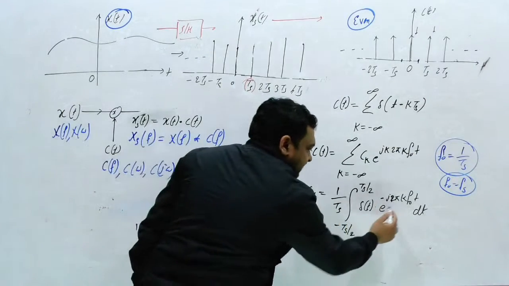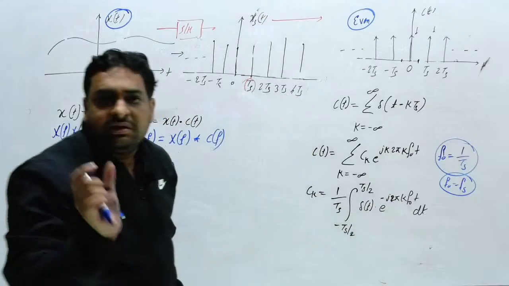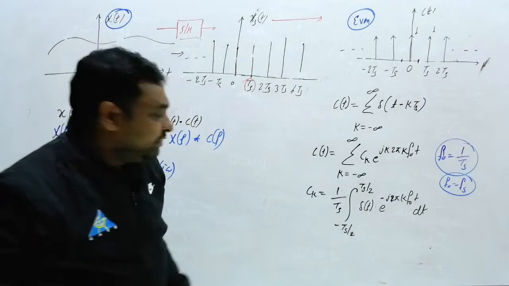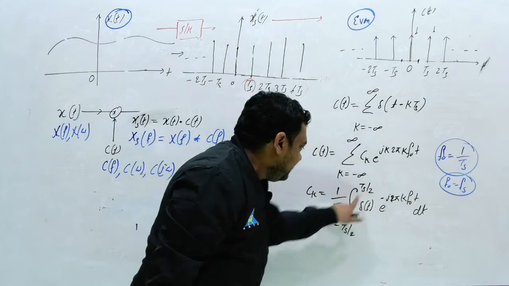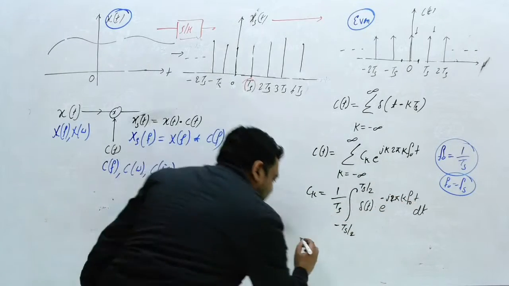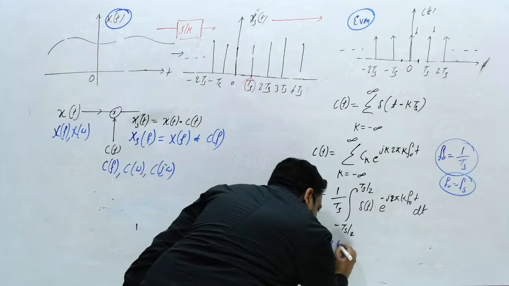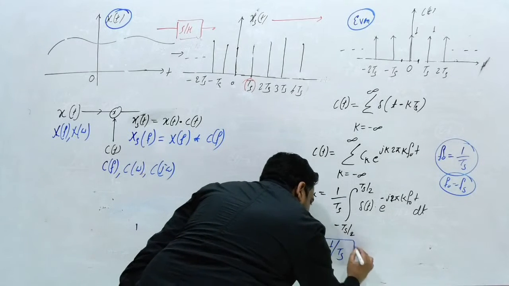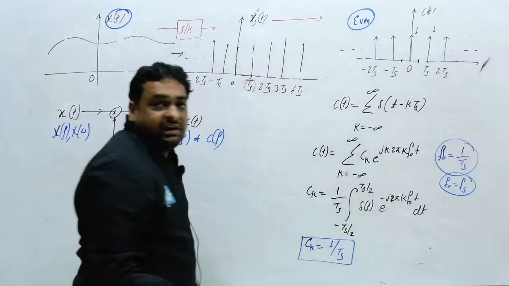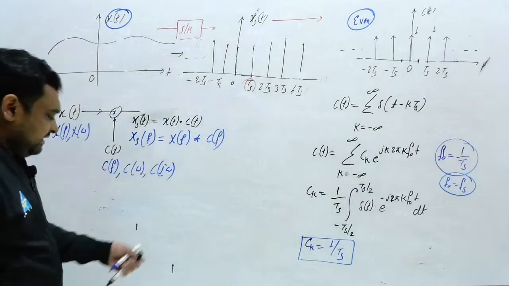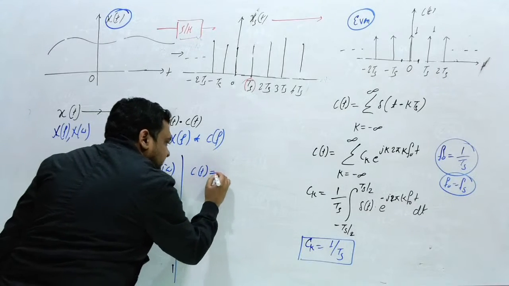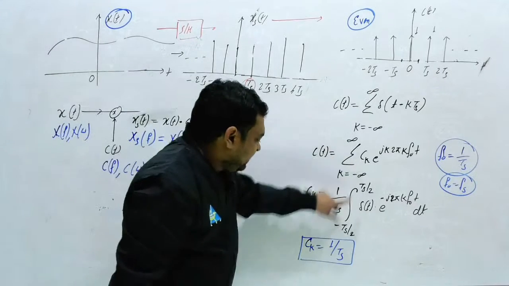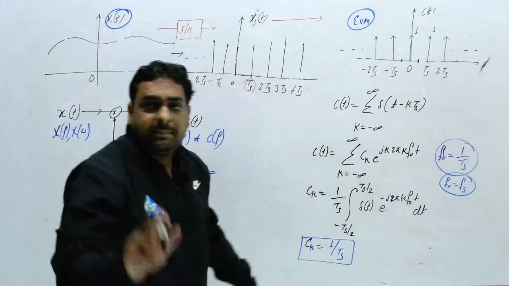Here you can apply the property: delta(t) multiplied by any function, that function will be evaluated at 0. So e raised to the power of this t will be replaced by 0. The area under delta(t) is 1. So what will be c_k? We are getting c_k equal to 1 by Ts. Now you can put the c_k here. So what will be c(t)? c_k is 1 upon Ts, and this is independent of k.